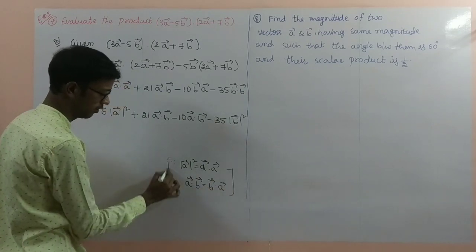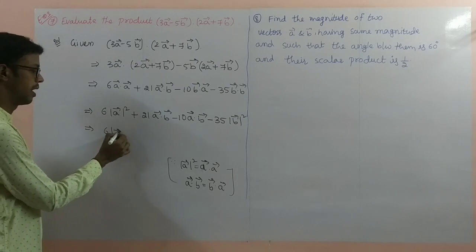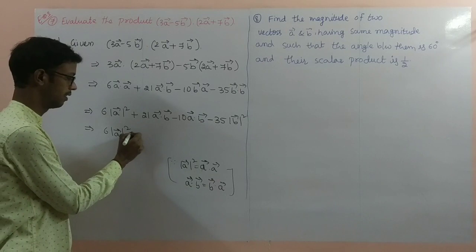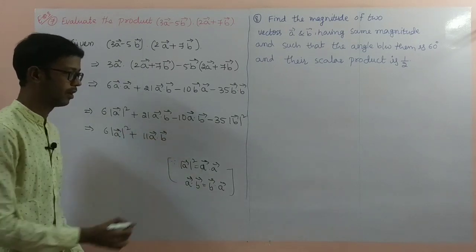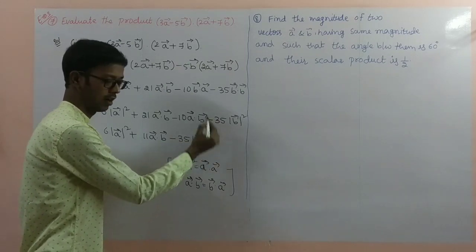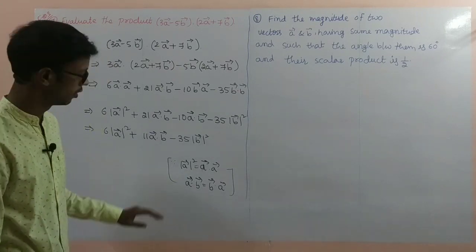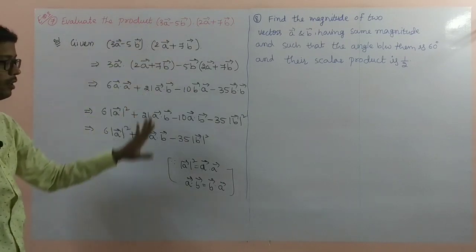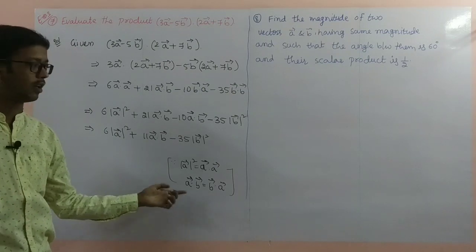These two conditions we are using here. This implies 6 magnitude of a bar square, 21 minus 10, that is plus 11 a bar dot b bar, minus 35 magnitude of b bar square. So this is the evaluation of the dot product. We have to use the conditions and properties I wrote here.